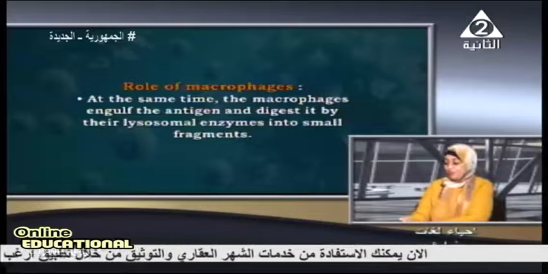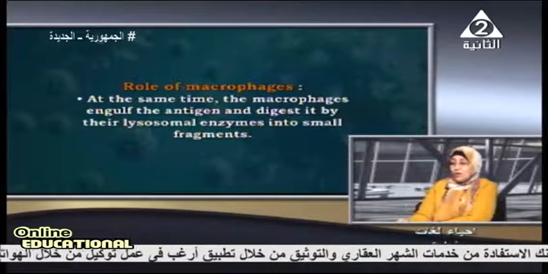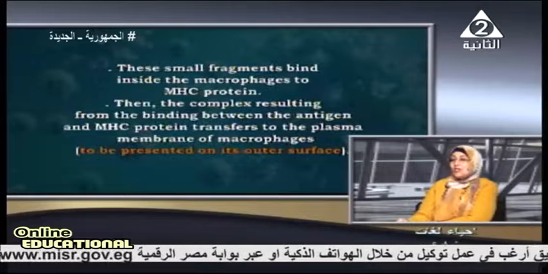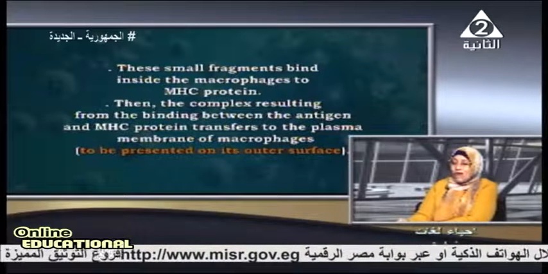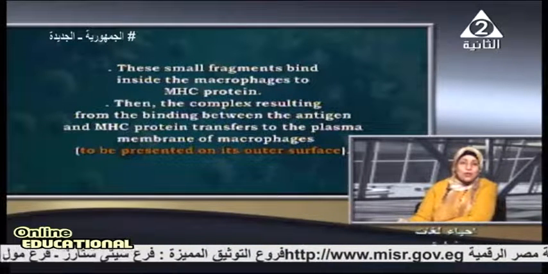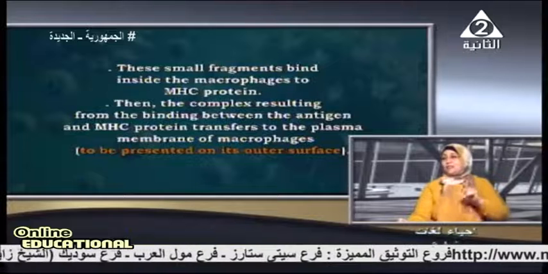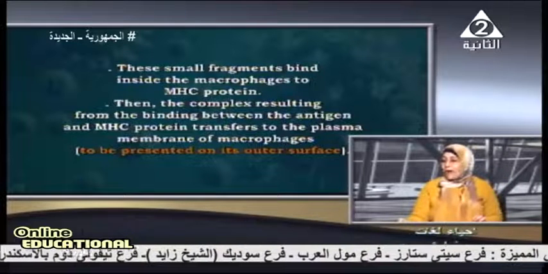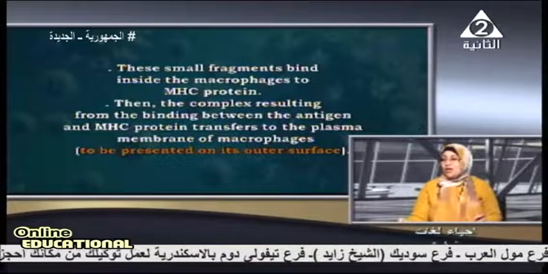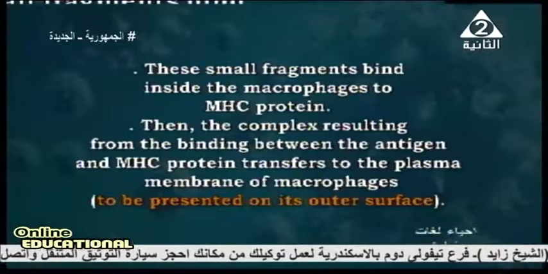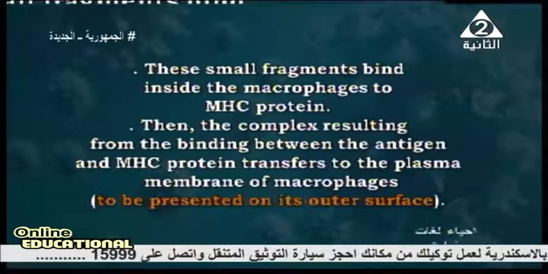Okay, now we are going to see what happens after that to these small fragments. These small fragments coming from the lysosome bind inside the macrophage. After they bind and form the major histocompatibility protein, what happens to MHC?